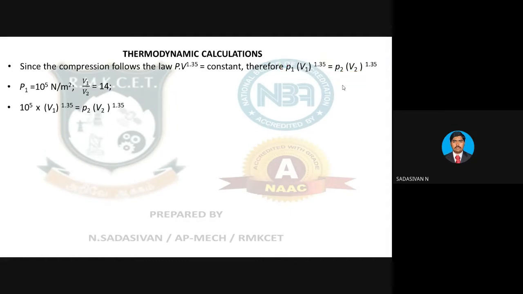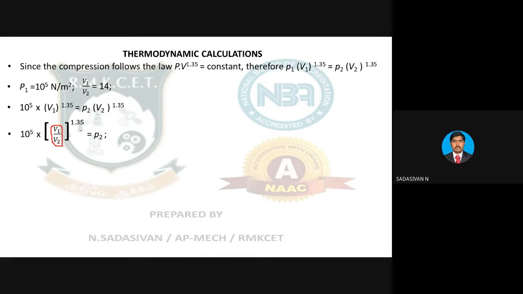Now I'm going to substitute P1 and V1 by V2 into the above equation. I put 10 power 5 in place of P1, V1 power 1.35, and P2, V2 power 1.35. Sending V2 to the denominator side, P1 is 10 power 5, and V1 by V2 can be replaced with 14, the given data.